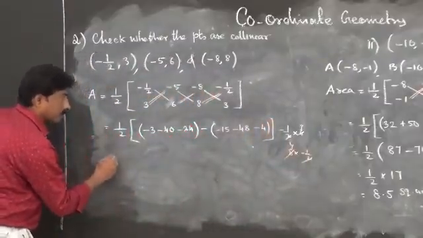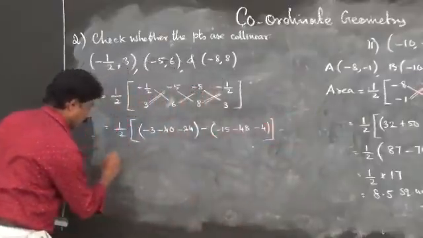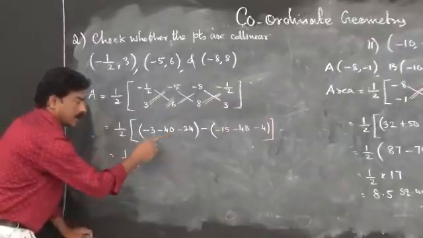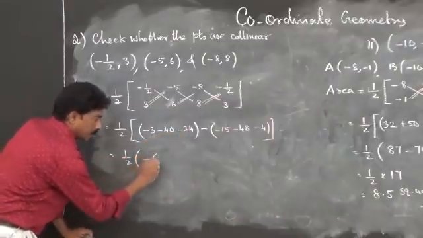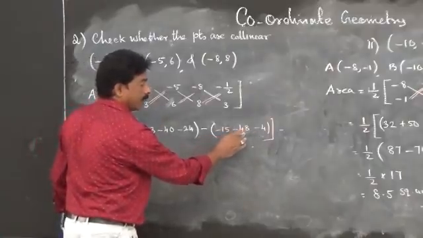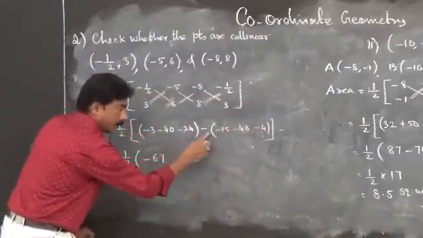So that is 1 by 2. Everything is minus, so when you add, minus 3, minus 40, minus 24 gives minus 67. Here also everything is negative, minus 15, minus 48, minus 4 gives minus 67. Minus and minus become plus.